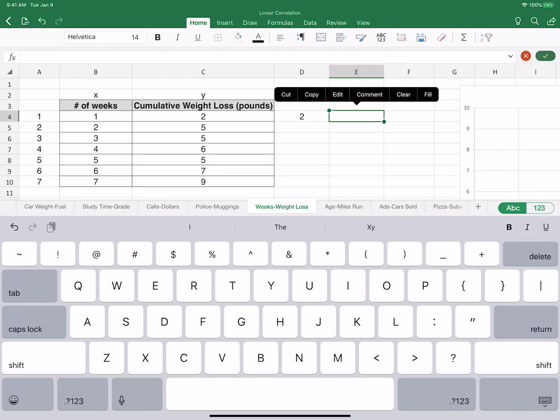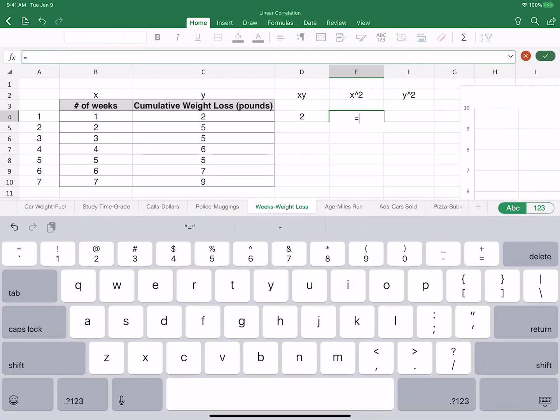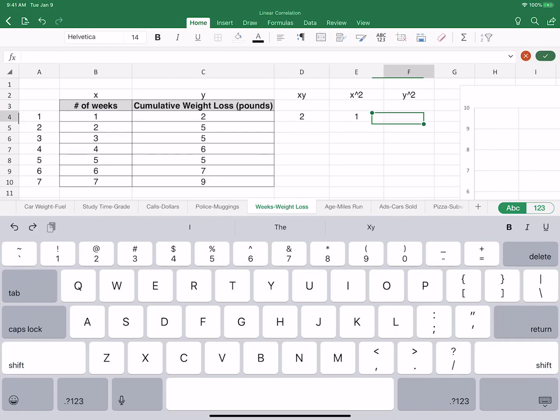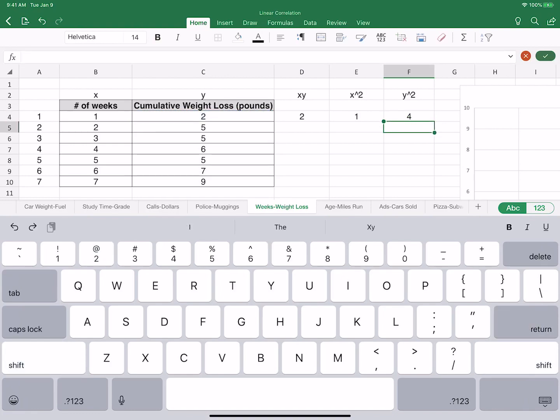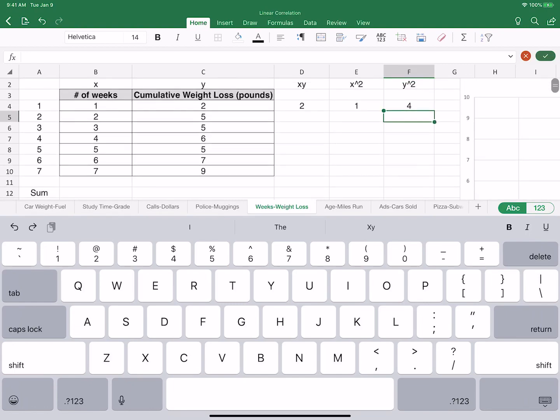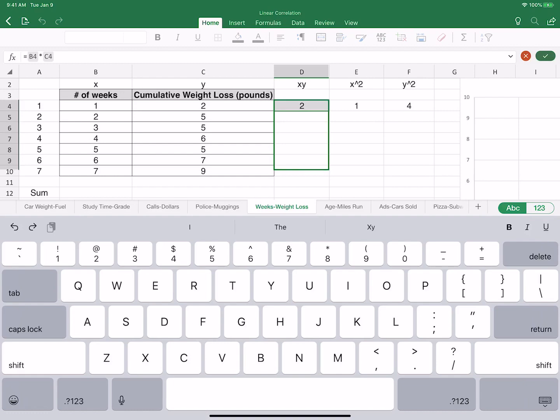So here, X raised to the second power equals Y raised to the second power. We're going to do autofill.